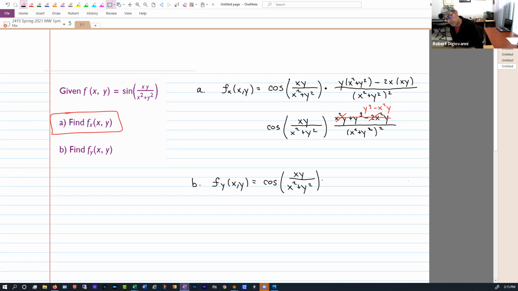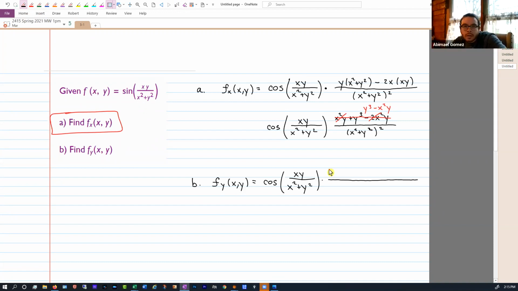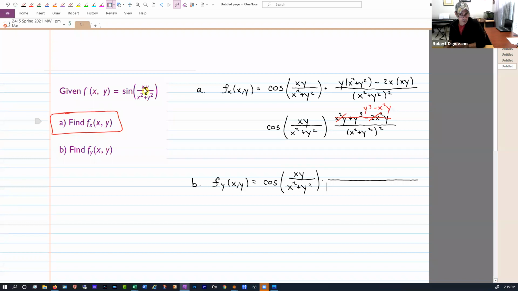Okay, now quotient again. So it's the derivative of the top with respect to y, which means you treat x like a constant. So you're saying it would just be x, yes? Times x squared plus y squared. Good.